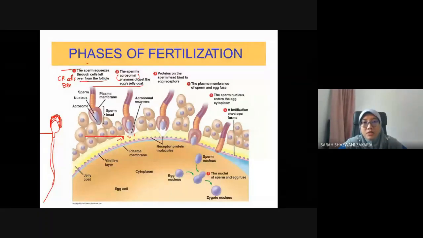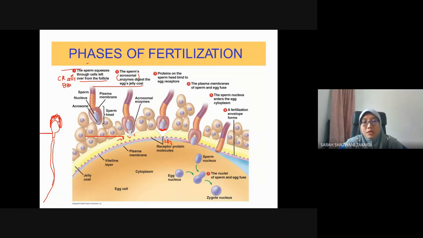Okay, it will expose the receptors. So these receptors are actually the exact ZP. Okay, so exposing this protein receptor, eventually the sperm head also has the complementary structure that can bind to this receptor. So it will bind. Again, I repeat, not necessarily the same sperm that digested the jelly coat that will bind to the receptor.